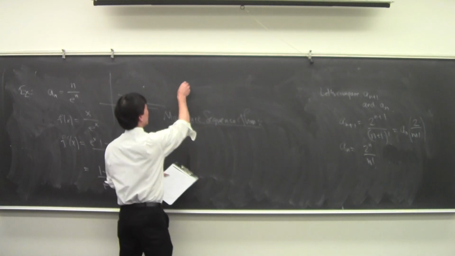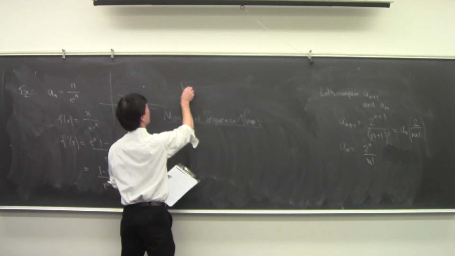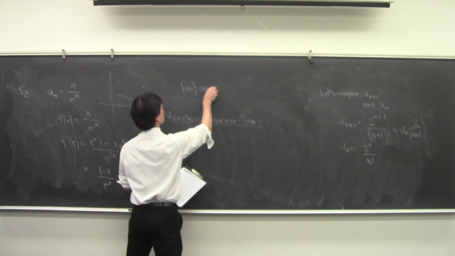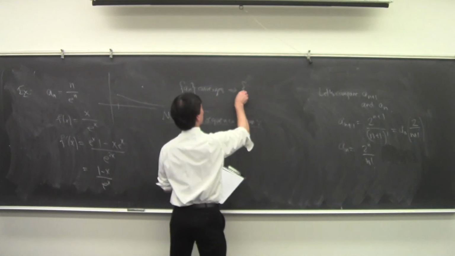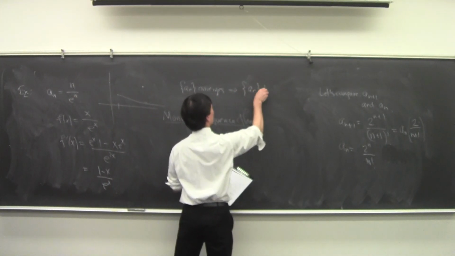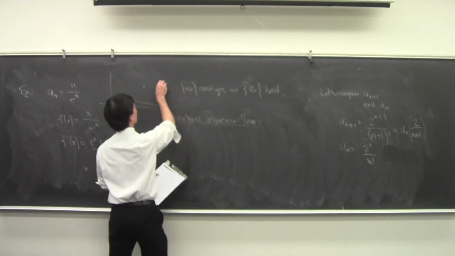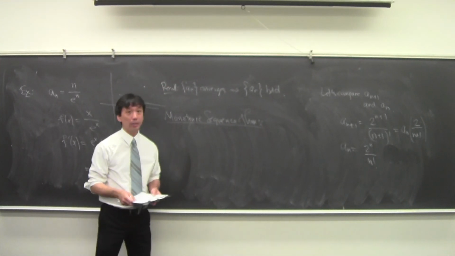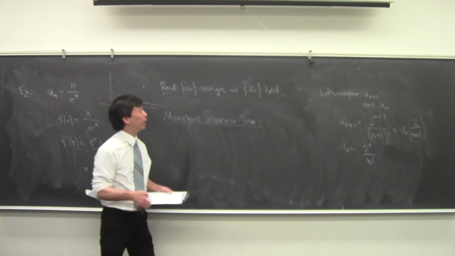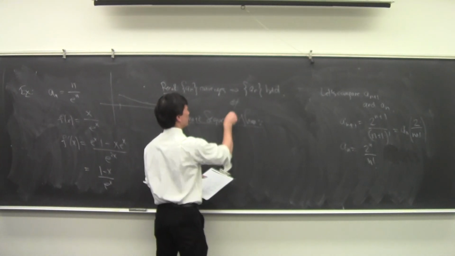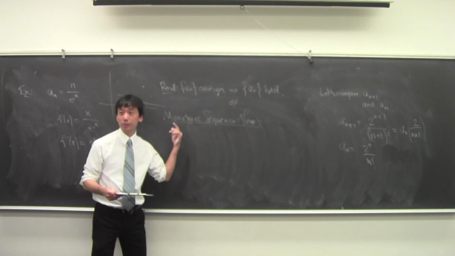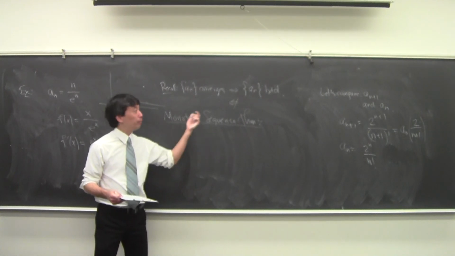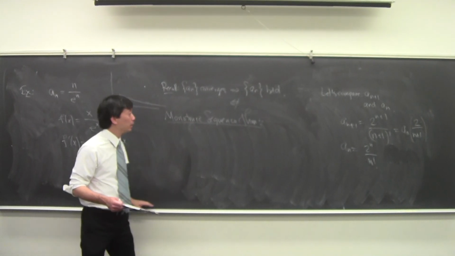Remember, we had said that if the sequence is convergent, then it's bounded. But we found examples that showed that the converse was false. The reverse direction wasn't true.